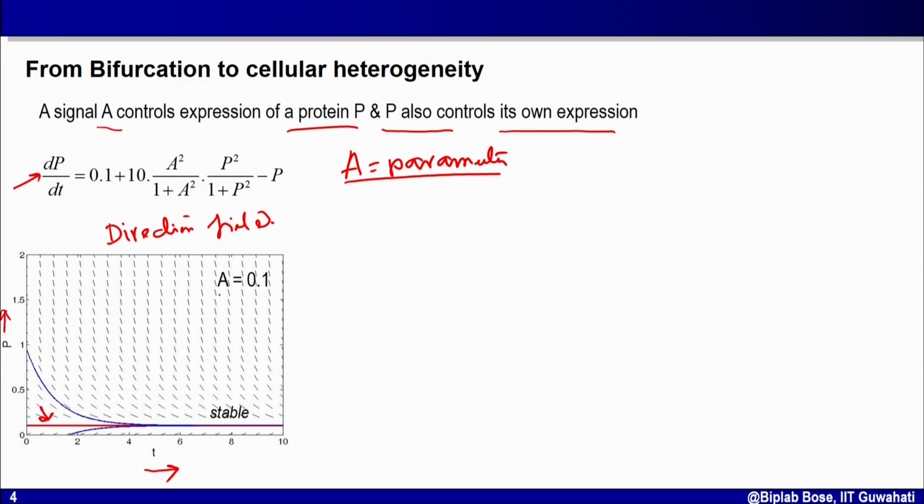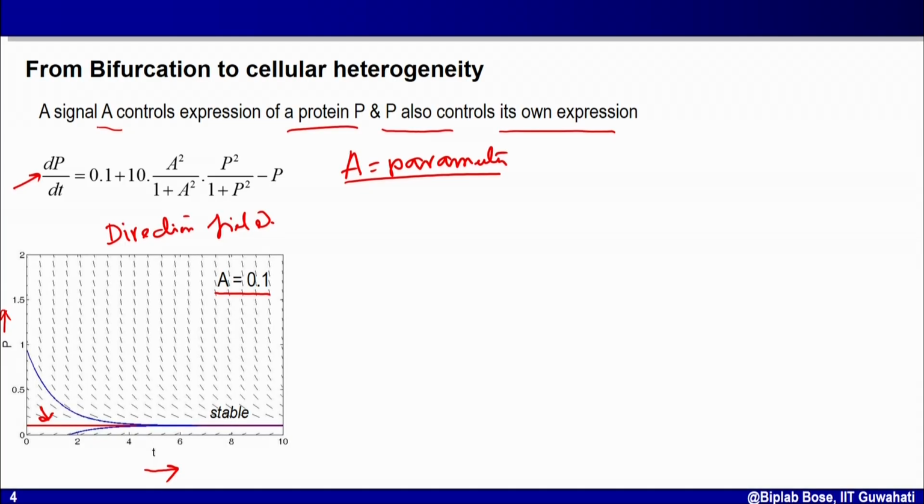And in this case I have taken A equal to 0.1. When I take A equal to 0.1, the system has only one steady state. Here, I have shown it as the red line, and it is horizontal. Looking at the direction field, you can easily see that this steady state is actually a stable steady state.